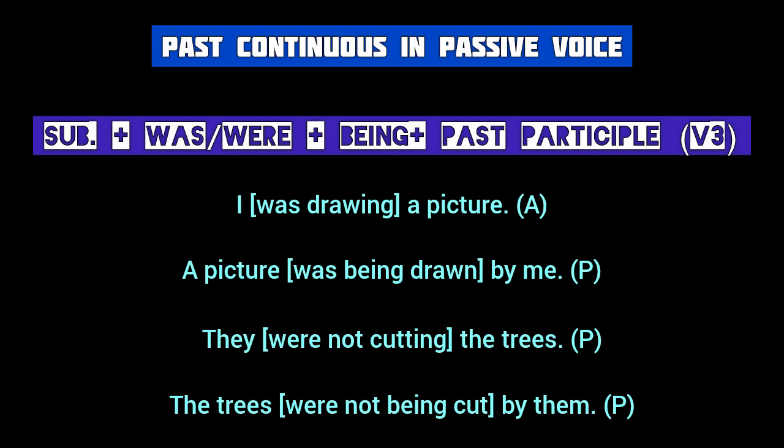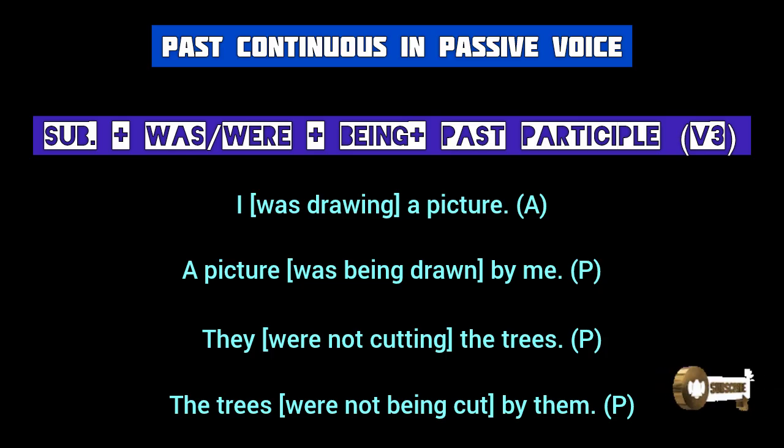The only other continuous tense that's used in the passive voice is the past continuous tense. The structure of the past continuous tense in passive voice goes subject plus was or were plus being and the past participle or the third form of the principal verb. Now study the examples on your screen very attentively.